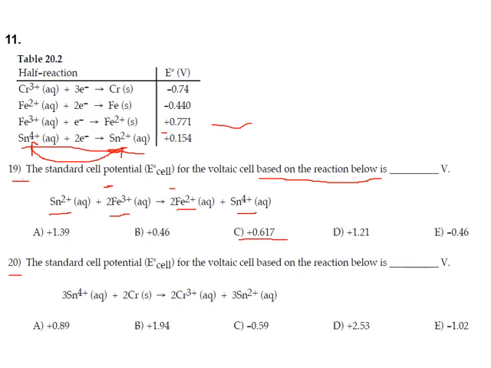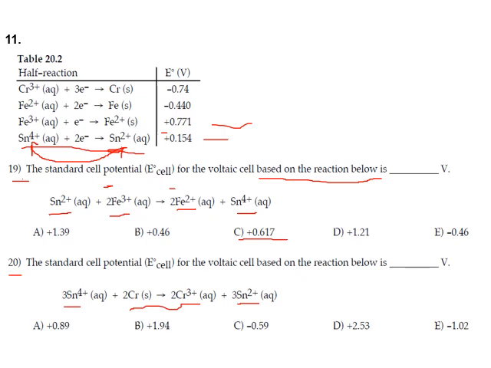The standard cell potential of this cell below is blank volts. So here, Sn4+ is going to Sn2+. So that's the same one that we had here before, but this time it's going to go in the direction it's written. So we're going to have plus 0.15 volts for that one, and then we have chromium going to chromium 3+.